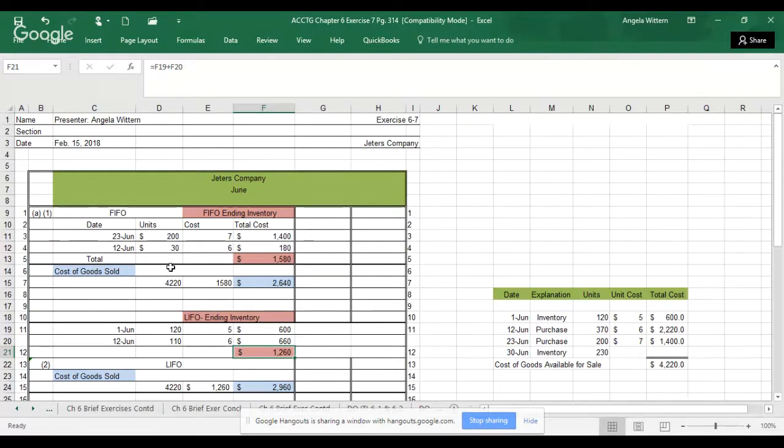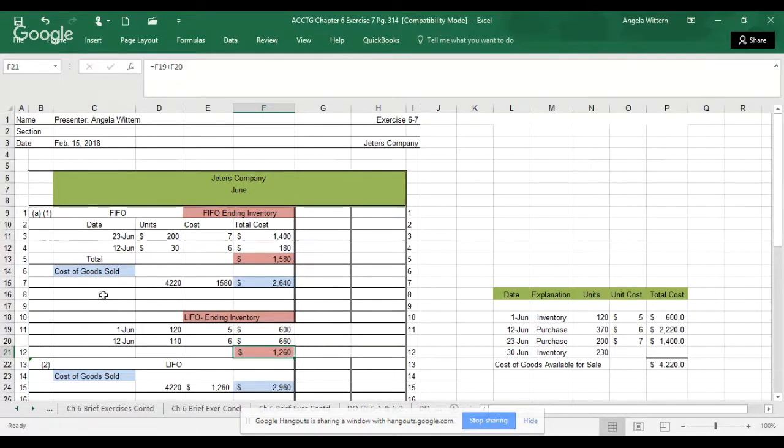And to total the 230 units counted in inventory, we need an additional 30 units at $6 a piece for $180, totaling $1,580. This is the ending inventory amount.